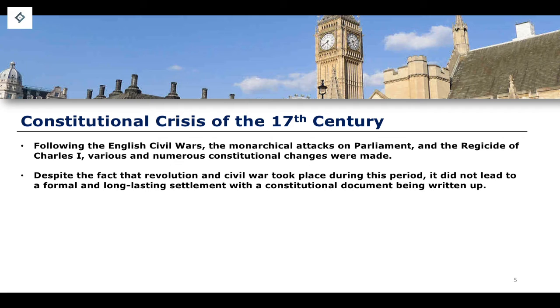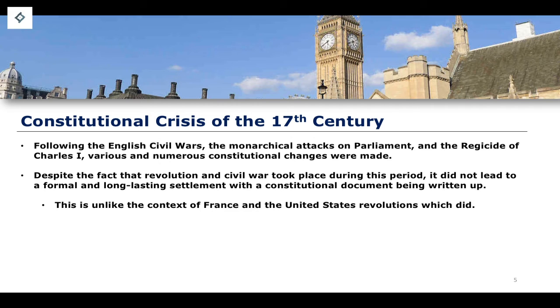We see constitutions formally being drawn up in France following the French Revolution. We see a constitution or eventually, at least anyway, we see constitutions being drawn up after the German Revolution of 1918, establishing the Weimar Republic. But this same kind of constitution being drawn up didn't happen in the 17th century.